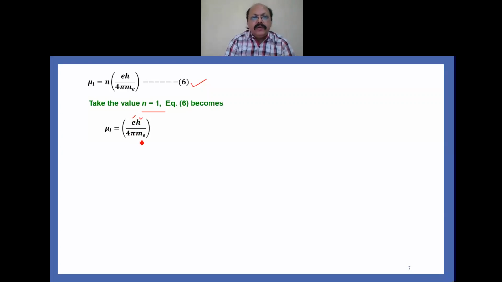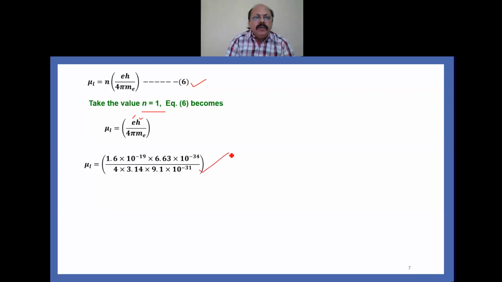Substitute all these values. Then what will you get? Mu L equal to 1.6 into 10 to the power minus 19 into 6.63 into 10 to the power minus 34 upon 4 into 3.14 into 9.1 into 10 to the power minus 31. That is the mass of the electron.